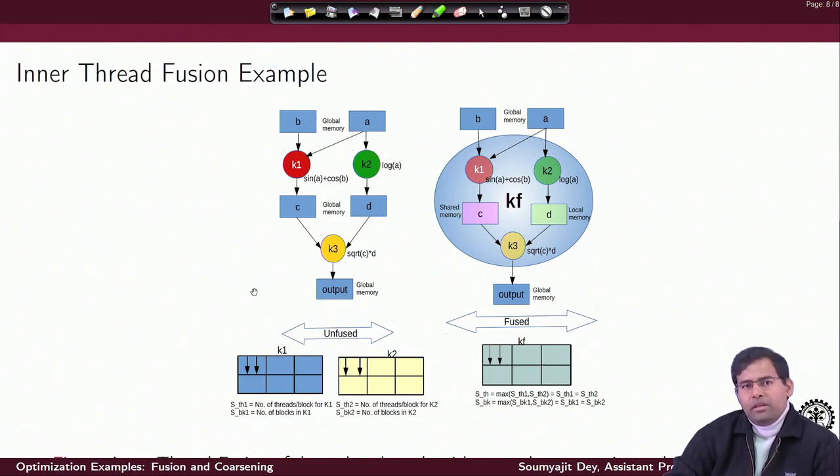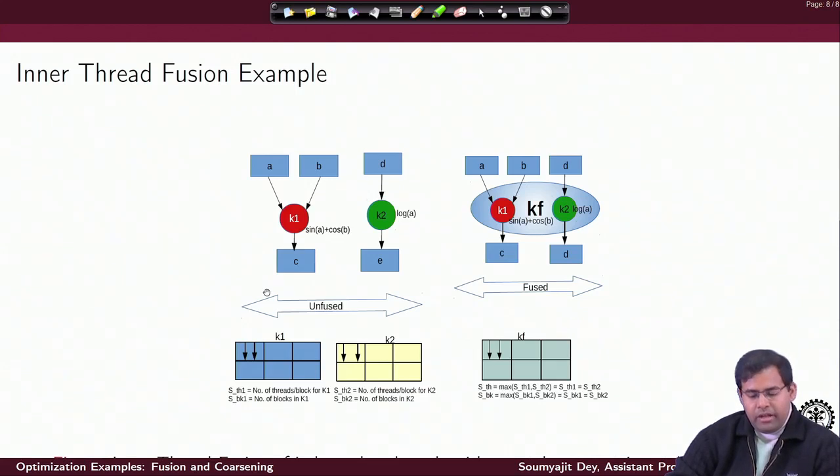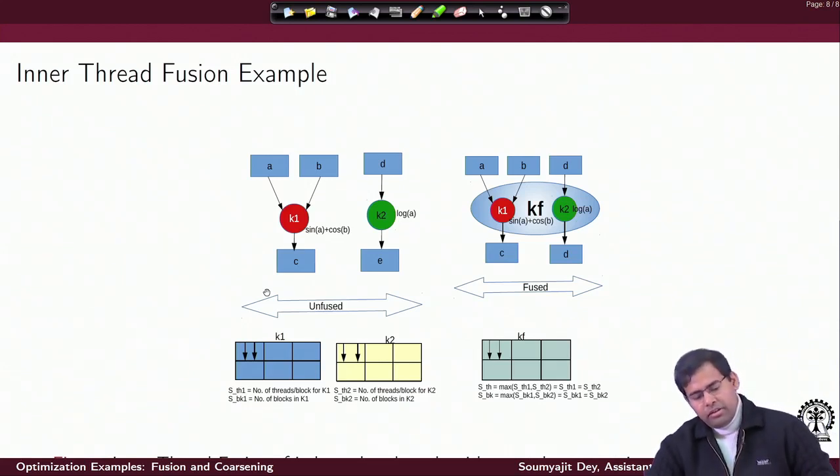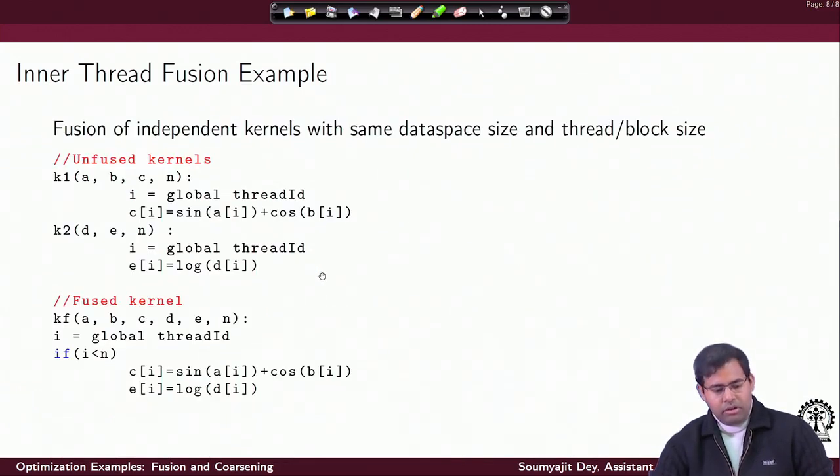That is why in case of dependent kernels it's even more complicated, and we had an idea of that by even looking at the situation for independent kernels, because as we saw, as long as it was independent kernels with everything the same, that is I have the same number of blocks and the same number of threads per block, that is the same data space size and same threads per block, then the code was so simple, just a check on whether I am inside the data space.